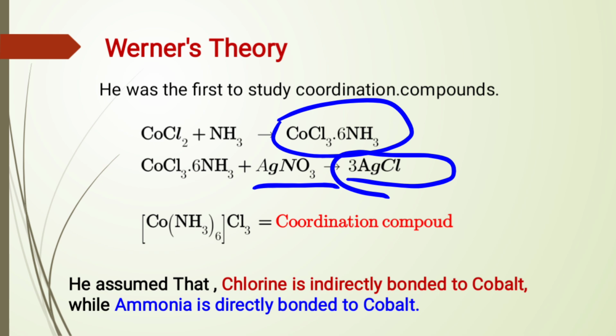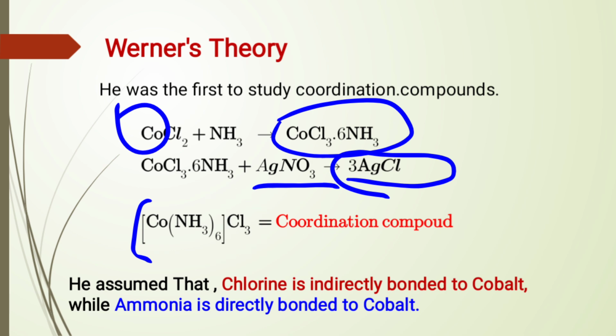So then he assumed that the nitrogen is directly bonded to the cobalt, which is the central metal atom, and the chlorine is indirectly bonded to the cobalt. So he drew this sphere: the ones directly bonded to the cobalt he put inside the coordination sphere, and the one indirectly bonded to the cobalt, the central metal ion, he put outside, which is chlorine.